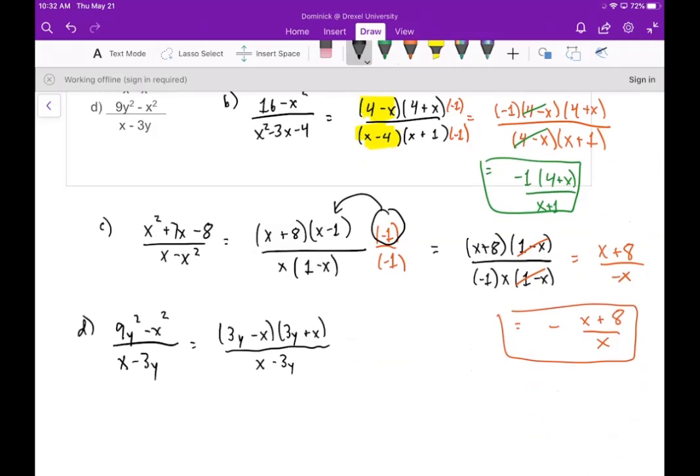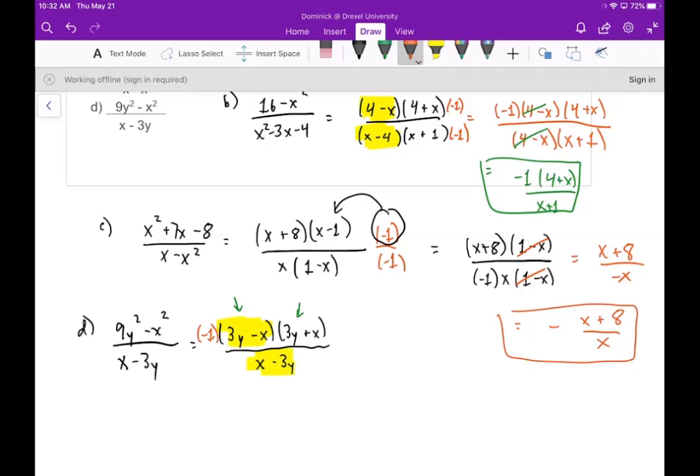All right. Now again, here you got to be a little bit more careful because all of your terms have a 3y and an x in them. All right, but only this one and this one are off by a negative, right? Notice that in this one here, the 3y plus x, the x's already have the same sign, but the 3y's have opposite signs. In this one, they have opposite signs, so that's the one that we want to use.